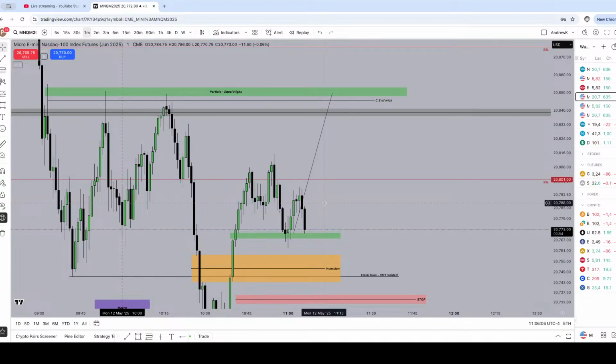If it falls below that low, that's it for me. I don't want it to go below that low. Yeah, I will update in Telegram, but I'm just watching this right now play out.